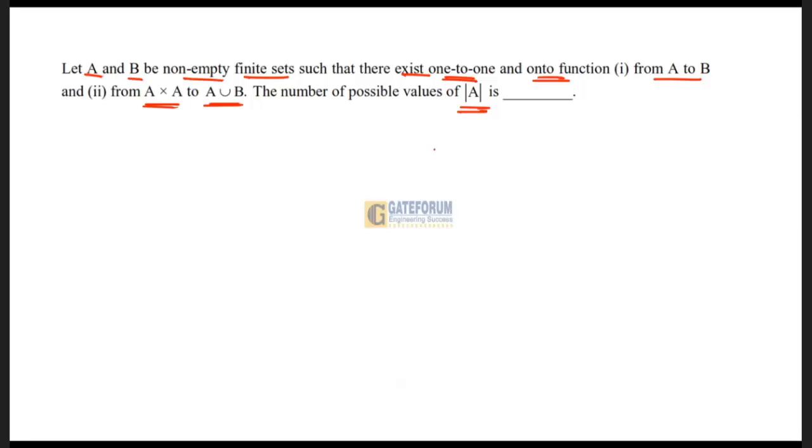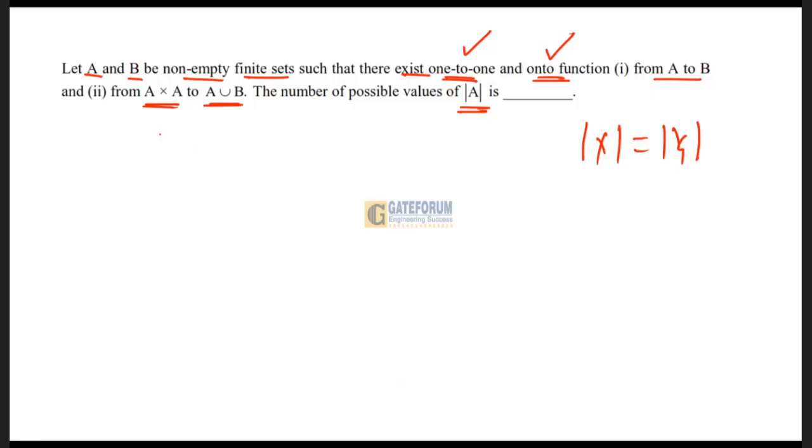cardinality of A is? You know that there exists a one-to-one and onto function between x and y, so this implies x equals y, because a one-to-one and onto function is there.